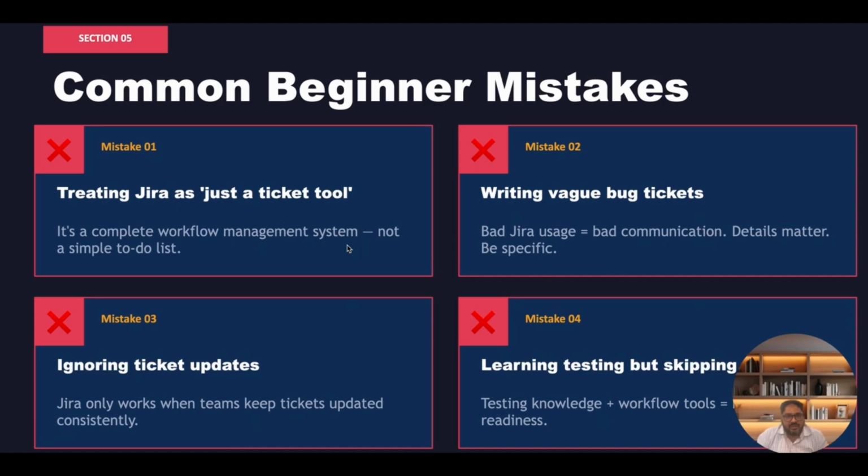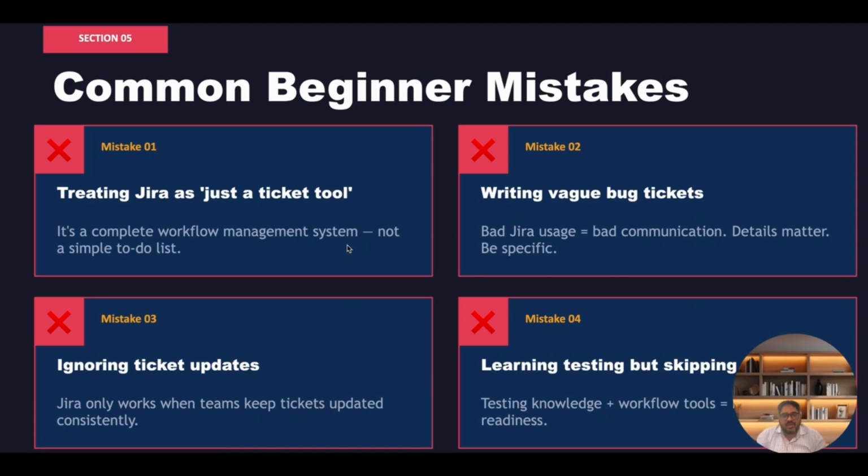Second, writing vague bug tickets. If you're not adding all the details properly, things will become very chaotic very fast. Third, ignoring ticket updates. If your ticket has moved from To Do to In Progress, then be sure to update the status. Otherwise, no one will be able to tell you the correct status of the bug, what is happening with the bug.